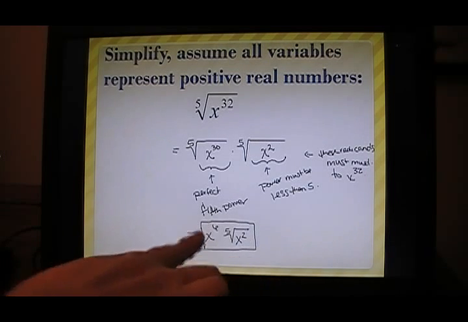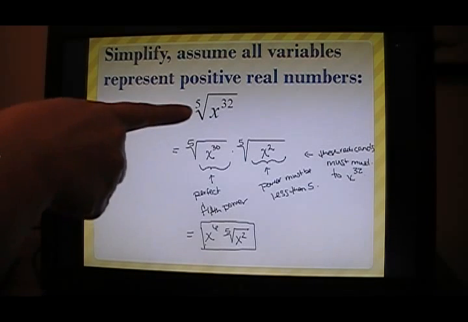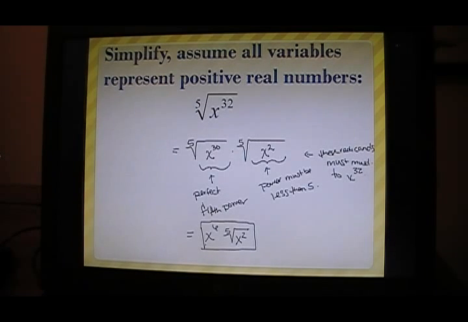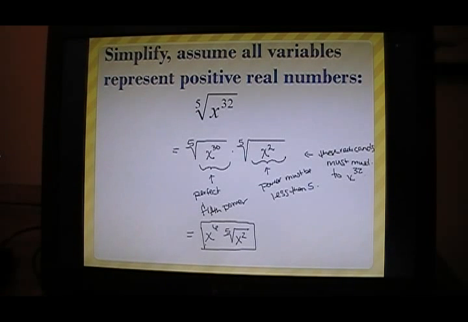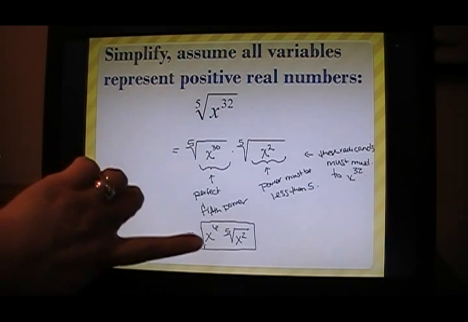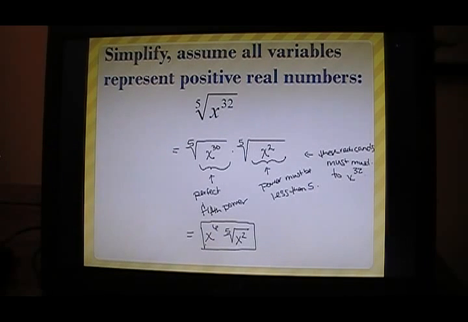So this is the simplified expression of the fifth root of x to the 32nd. Again, both of these notations represent something that can be multiplied 5 times to get x to the 32nd. But while it may not look more simple, this is what we call the simplified version of that expression. Okay, one final example before we move on to adding and subtracting.